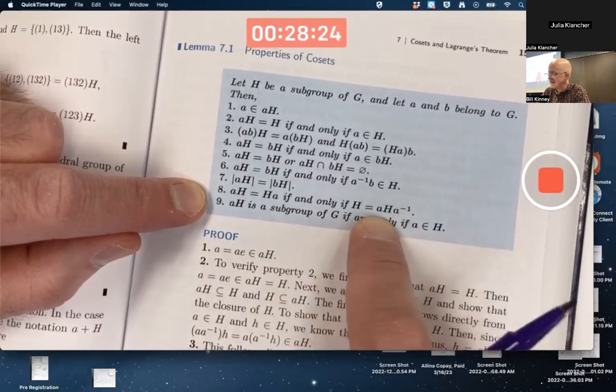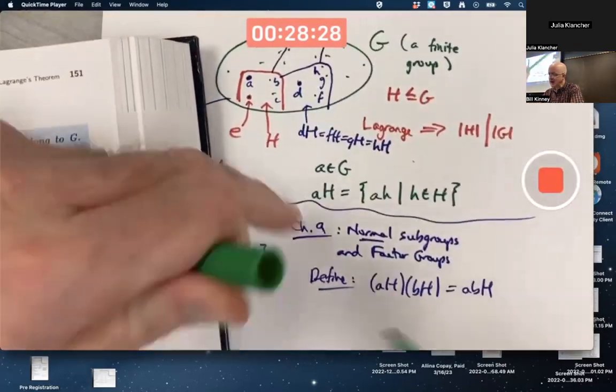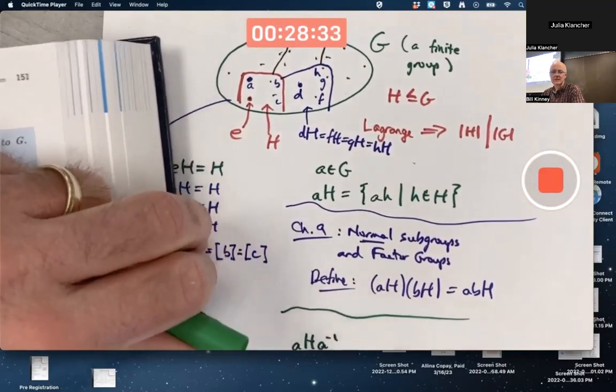What's aHa inverse? That's not a coset in general.